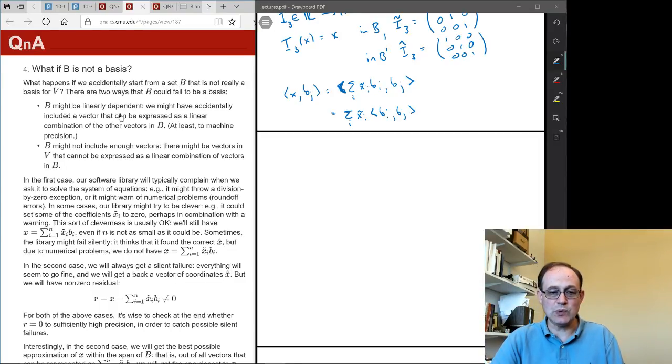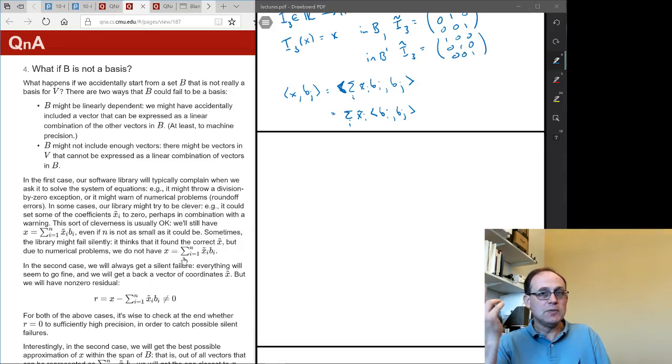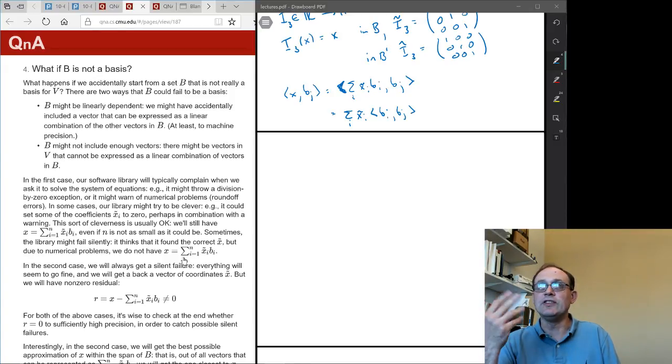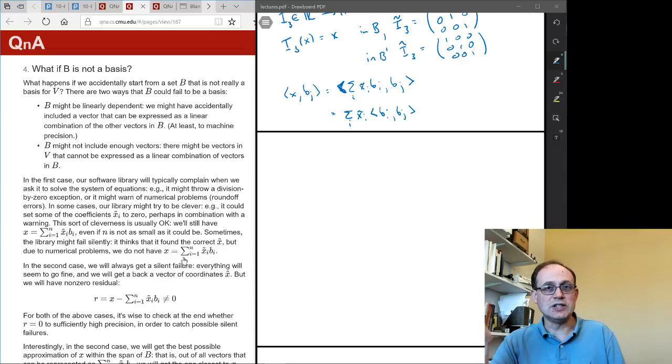In the first case, when we have a linearly dependent set, the most typical failure mode is that we'll get a division by zero in the software library we use to solve our system of linear equations. That's good, because it's not a silent failure; our program actually dies with a division by zero exception.